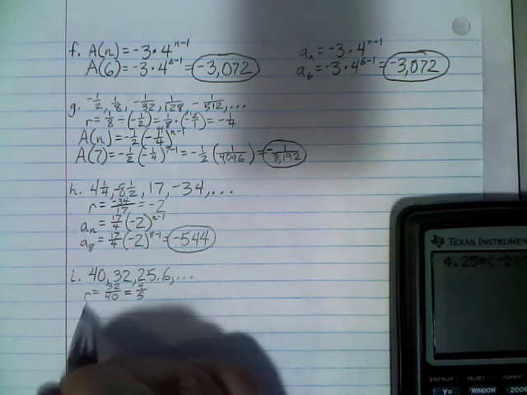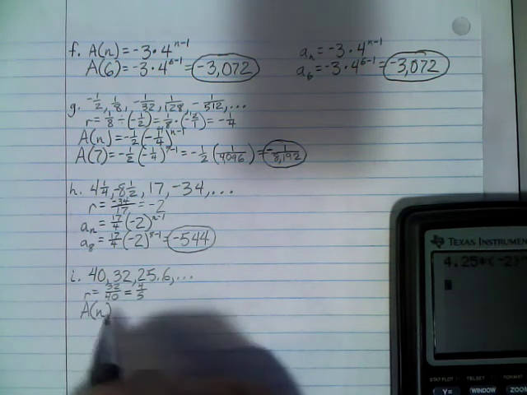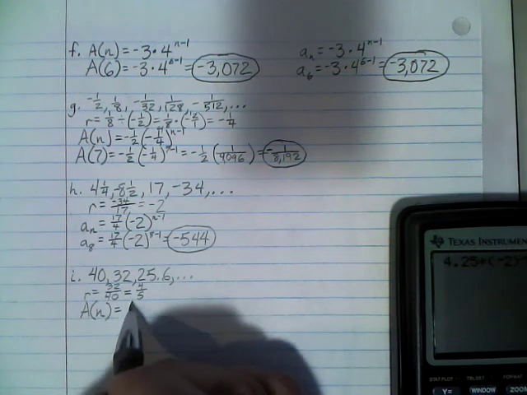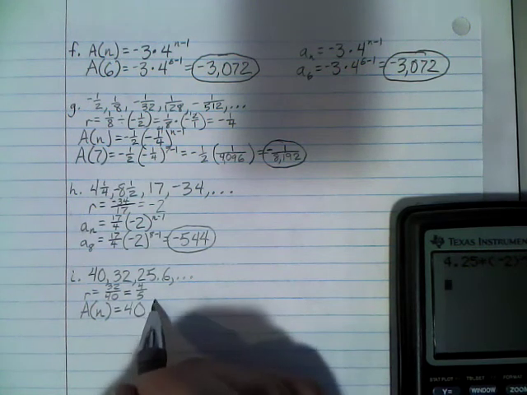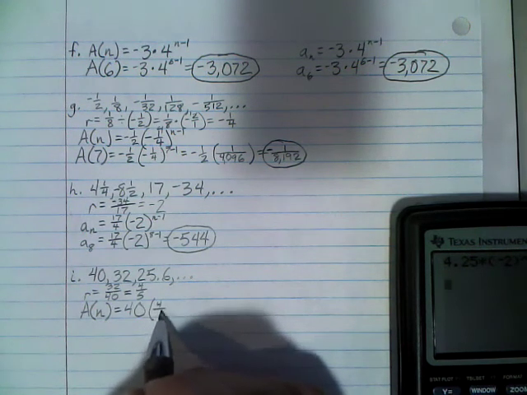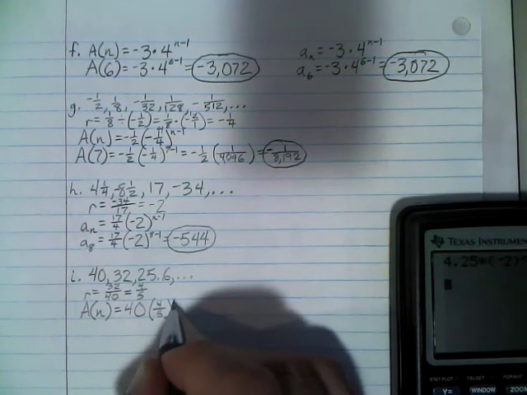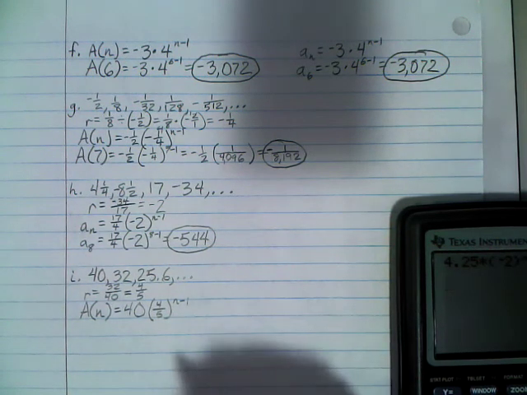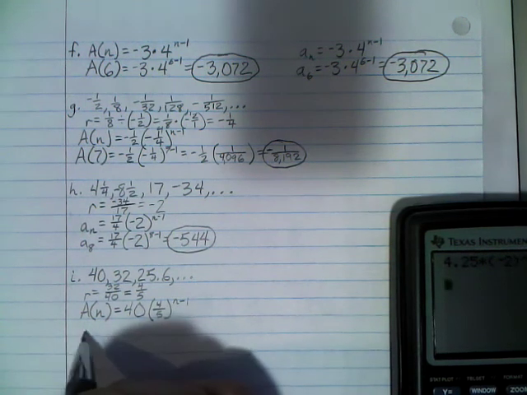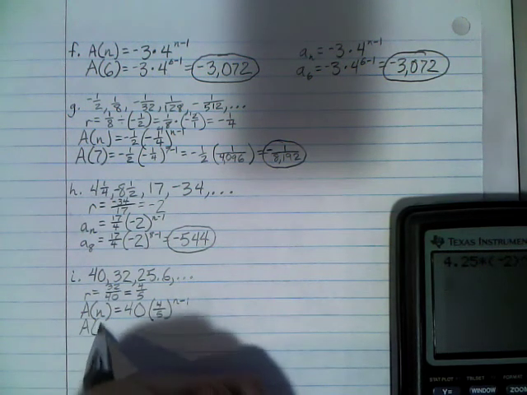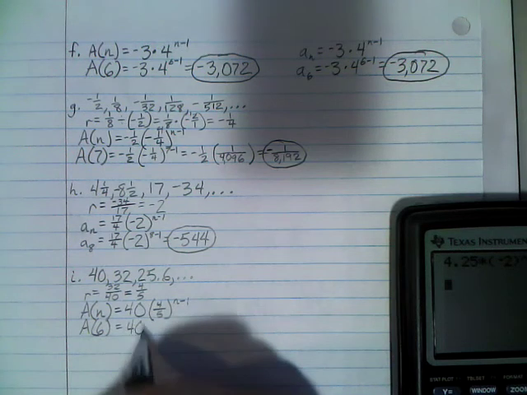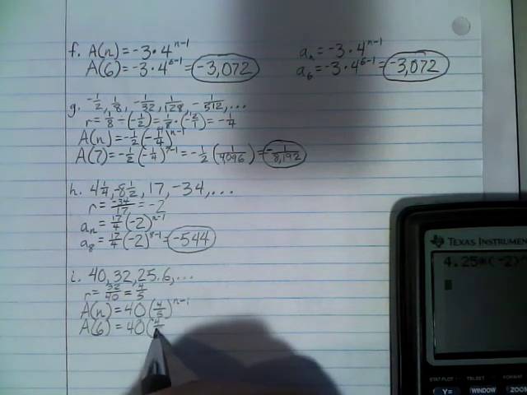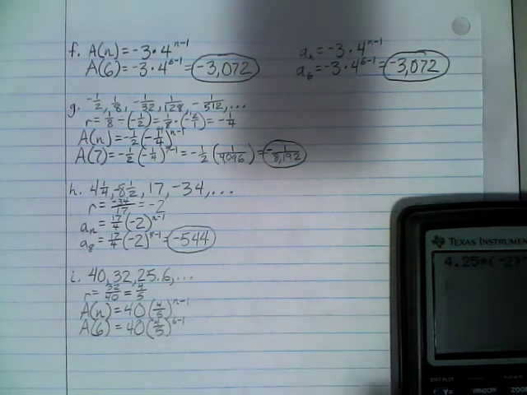So therefore, and we'll go back to the function notation here, a of n is going to equal the first term, 40, times the ratio, which I will need parentheses for since it's a fraction, and that'll be to the n minus 1 power. So this one's asking for the sixth term in this sequence. So the sixth term will be a of 6 is 40 times 4/5 to the 6 minus 1 power.